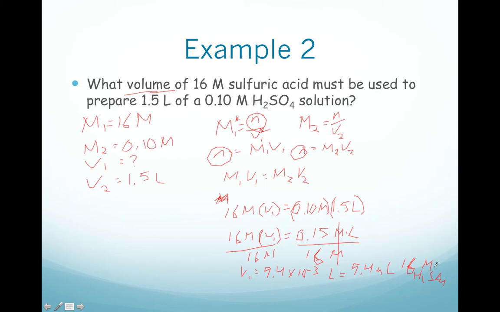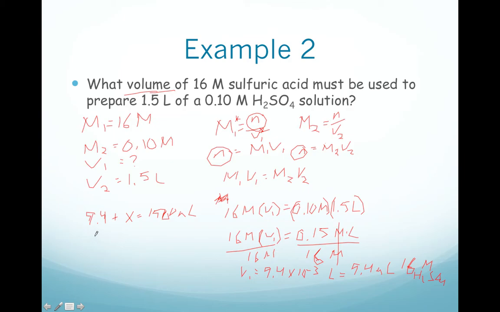And then to get to my 1.5 liters, I'm going to take 9.4 plus X equals, and I'm going to make it all milliliters, so 1,500 milliliters.